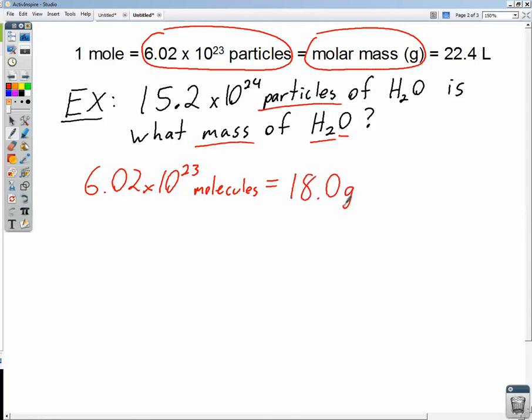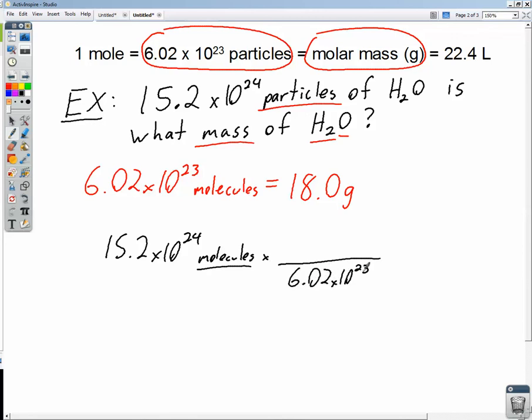So now we set up and do the conversion. We've got 15.2 times 10 to the 24th molecules, and we're going to multiply by the conversion fraction. We've got molecules on top here, so we need to put molecules on bottom. 6.02 times 10 to the 23rd molecules. And that's equal to 18.0 grams.